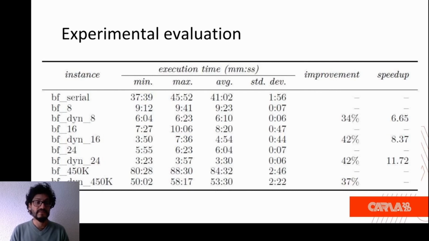For example, the table shows that using 8 processes and the dynamic decomposition strategy, execution time improves by 34% when compared to the static decomposition strategy also using 8 processes. So improvement in execution time ranges between 24% and up to 42%.